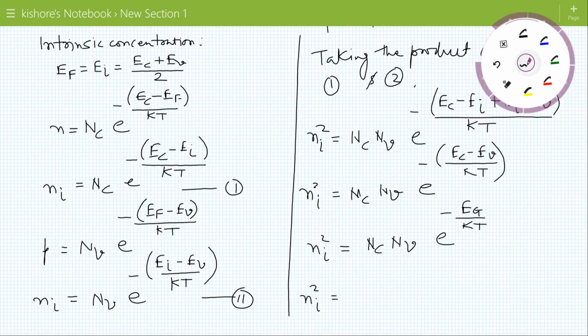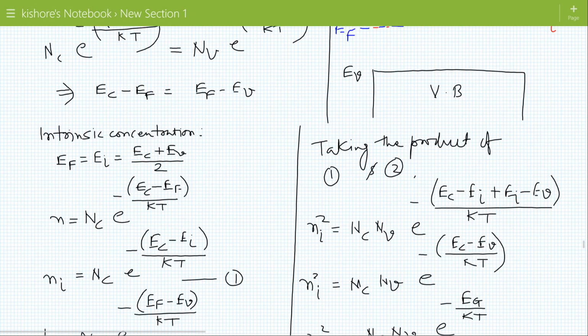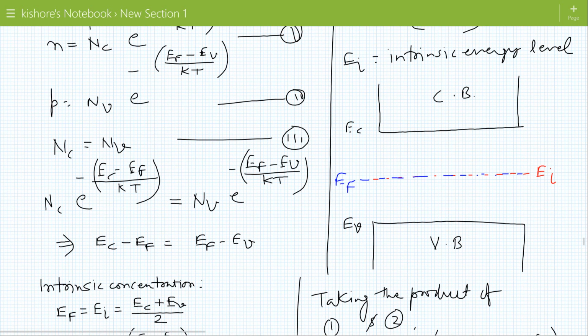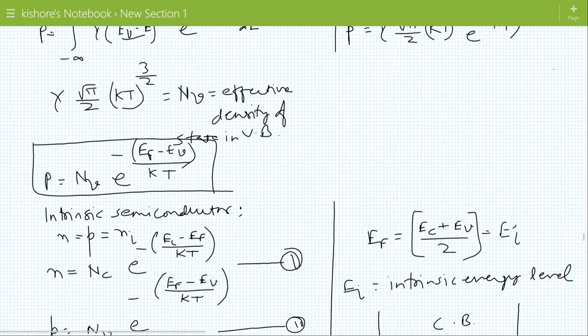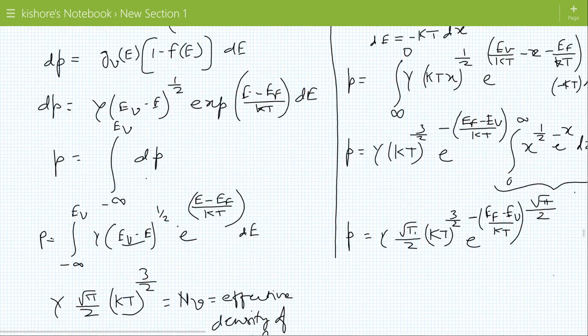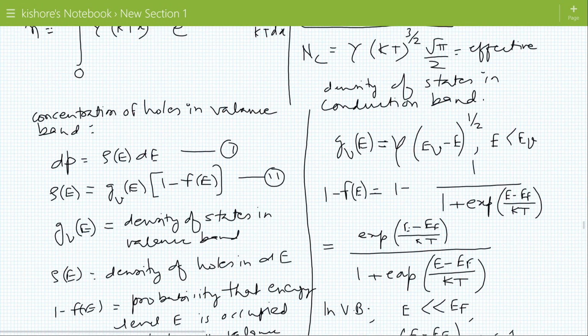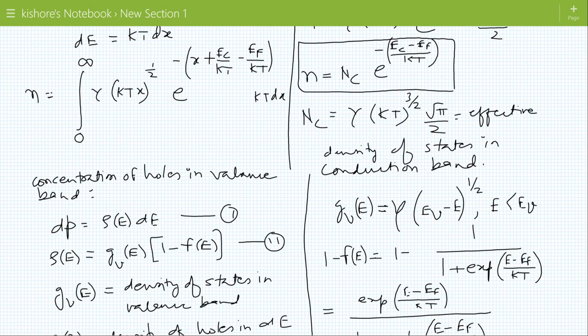Now we can replace the expressions for Nc and Nv. In the previous lecture, we have seen the expressions for Nc and Nv. Nv is gamma root pi by 2 (kT) to the power 3 by 2, and similarly we have the expression for Nc also.